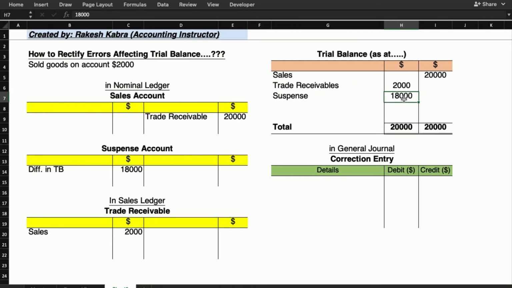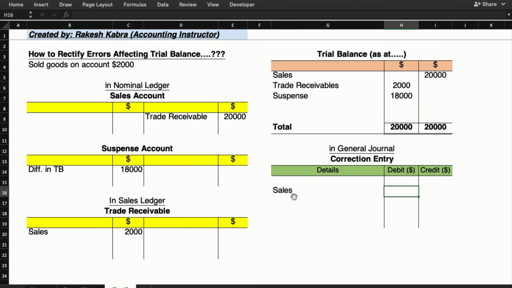So let's see the correction entry in order to rectify this error. The sales account is over credited by $18,000. In order to rectify this error, I will debit the sales account because it is over credited. So just put the excess amount on the debit side.